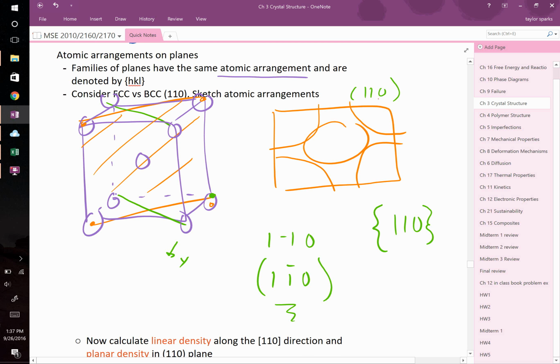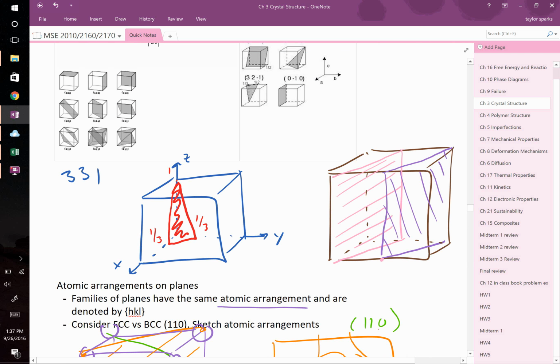Yeah? So, like the planes we drew up on the previous cube, that one, if you rotate the whole thing by 90 degrees, you would get 2 planes that were in the same family, but were not the same plane, correct? Which one? Are you talking about this one? No, the other one. This one. And we rotate it which way then? 90 degrees. We rotate it like so? Yeah. Okay.